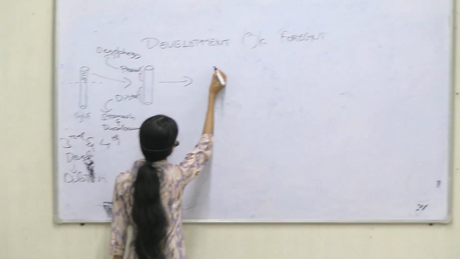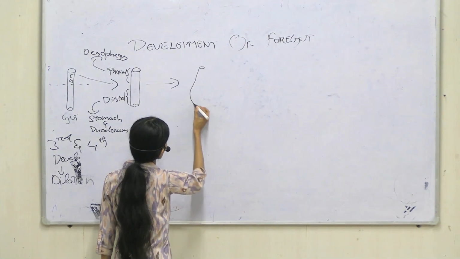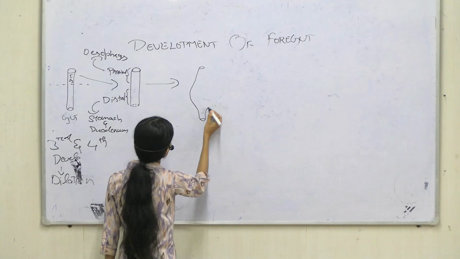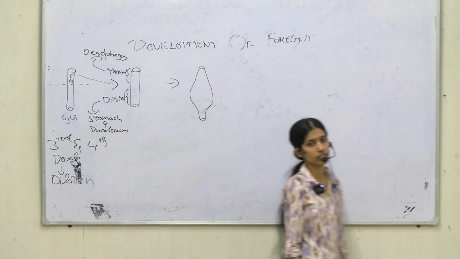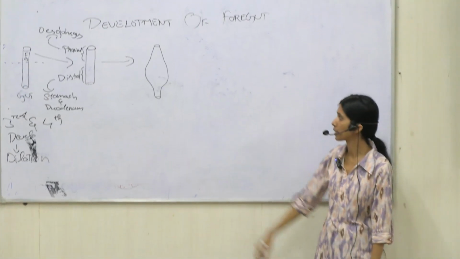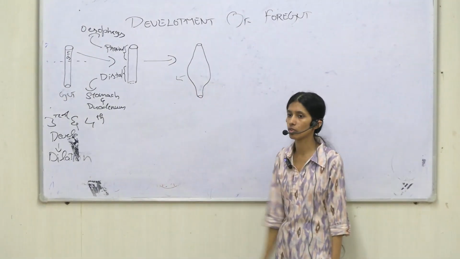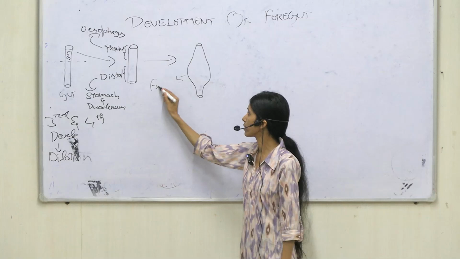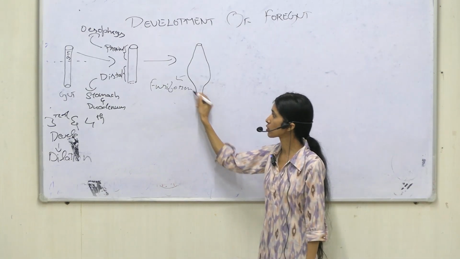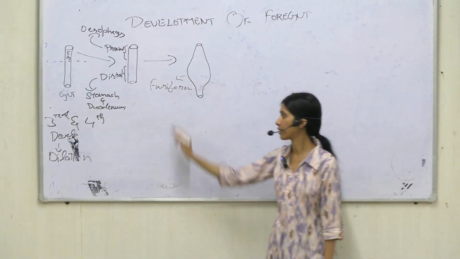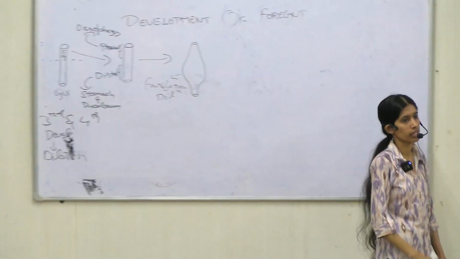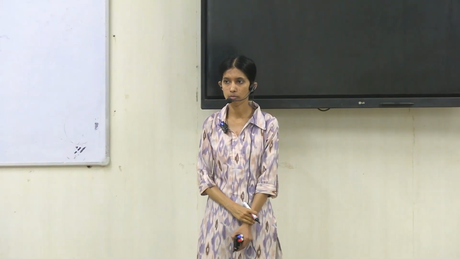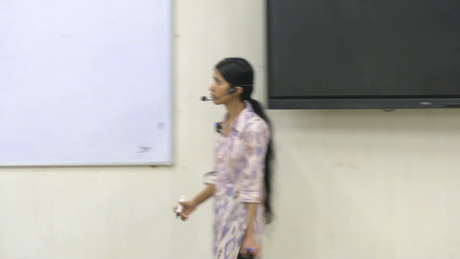Once the dilation takes place, this is how the structure is going to look. This happens during the third or fourth week of development, and this dilation is particularly called fusiform dilation. This fusiform dilation later develops into your stomach region.